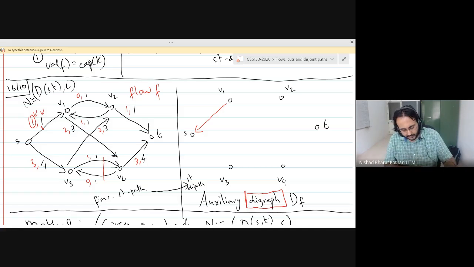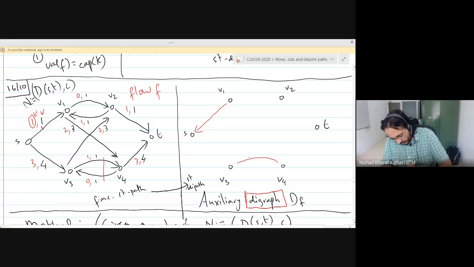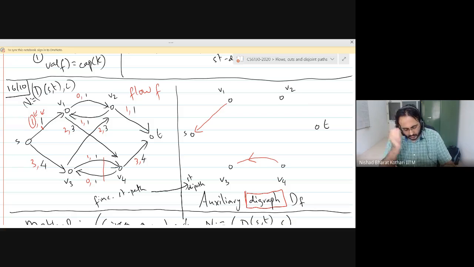What do we do between V3 and V4? You can put a reverse arc from V4 to V3. Okay. And what else? Yeah, that's it. So this arc is at full capacity, so we put the reverse arc.